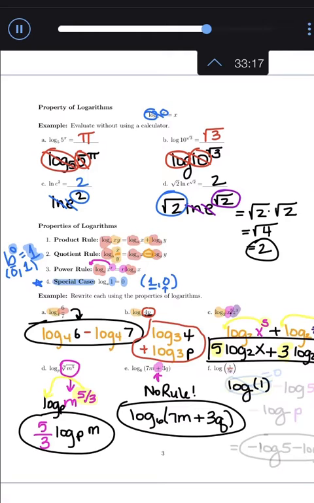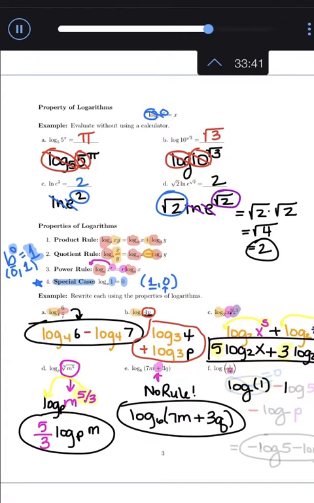And then we'll have our minus sign because we are dividing by. Well, what are we dividing by? We're dividing by actually 2 things. We're dividing by the 5, and we're dividing by the p. So because both of those are under the division symbol, we're going to subtract both of those logs.